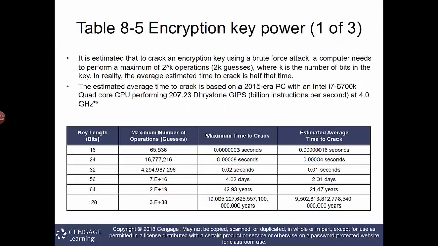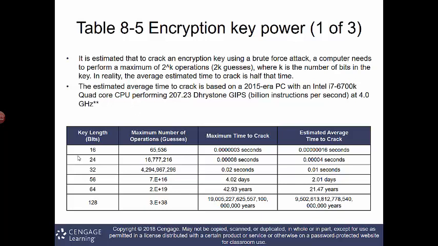In these next few slides, we look at some examples of how long it takes to crack. So in this example, it bases this on a 2015 computer with a certain amount of processing speed and other characteristics.